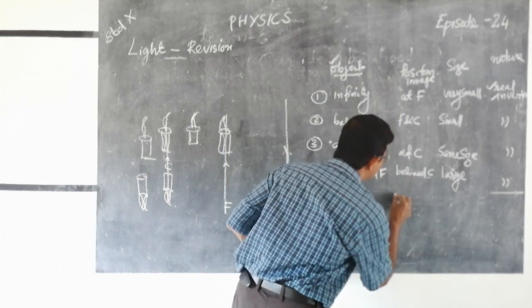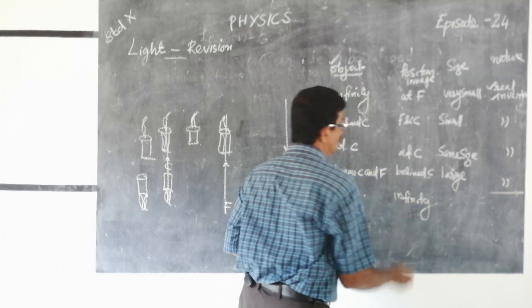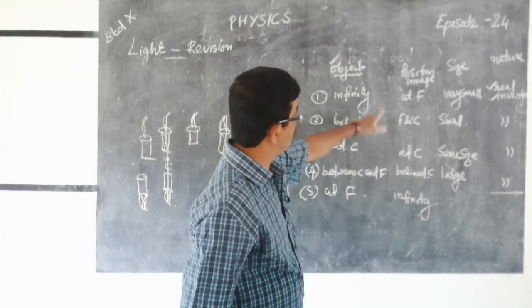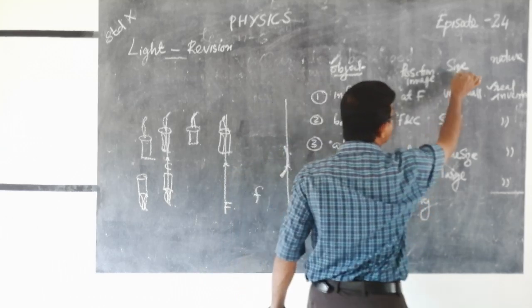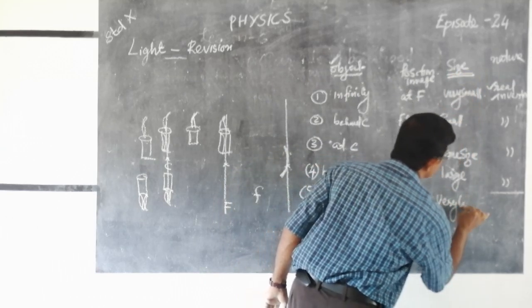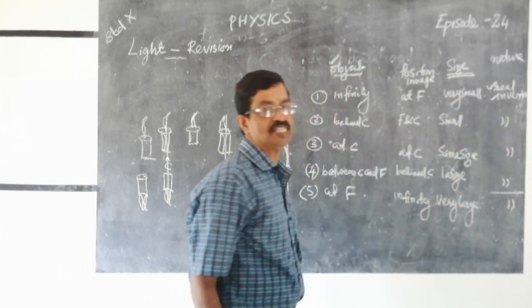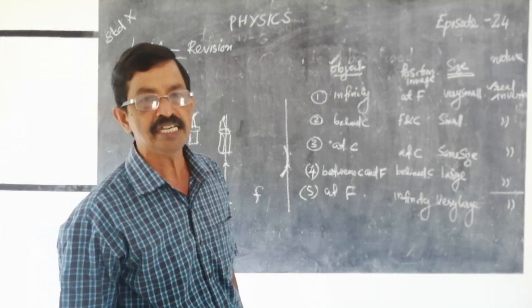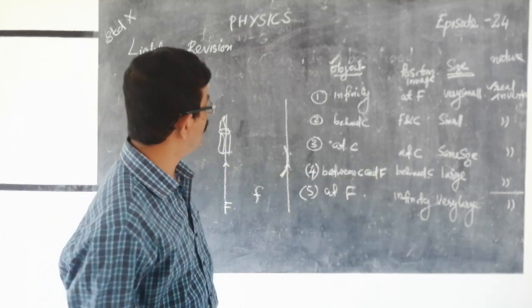The position of the image is at infinity. That means when the image is at infinity, the image size is very large. A real and inverted image is formed in this case also.